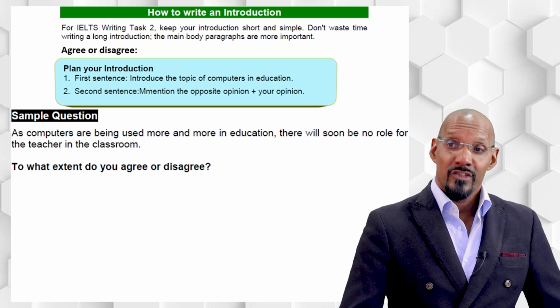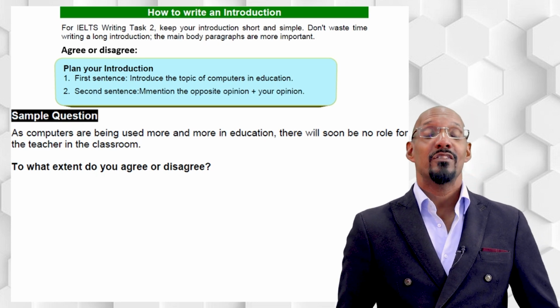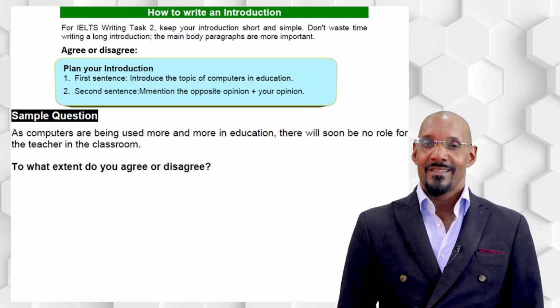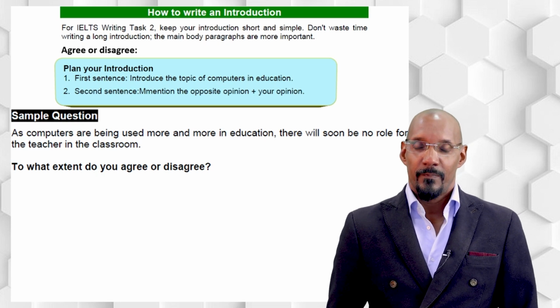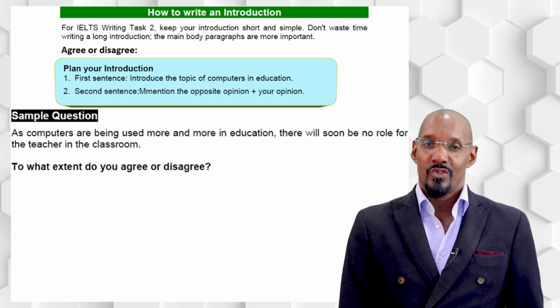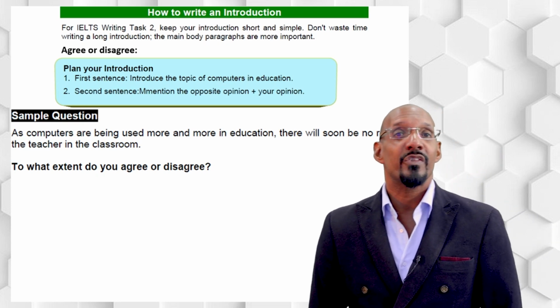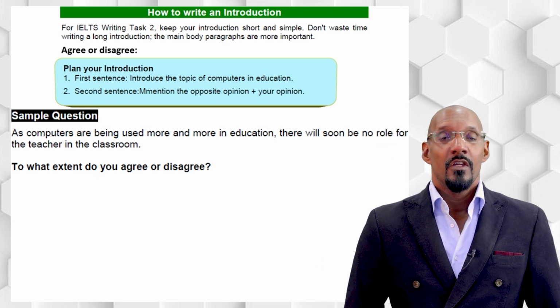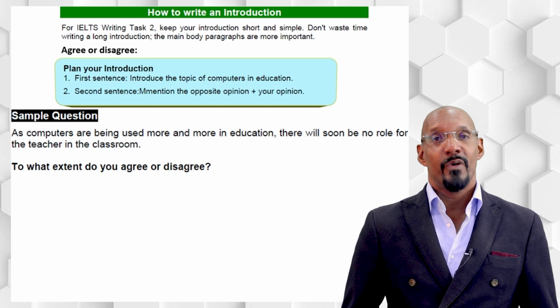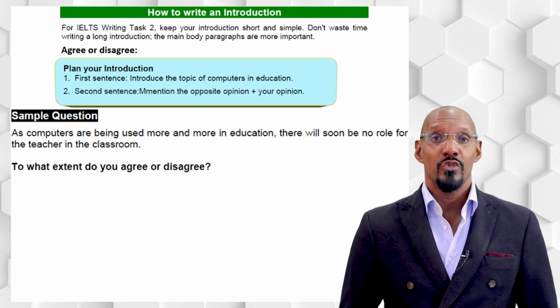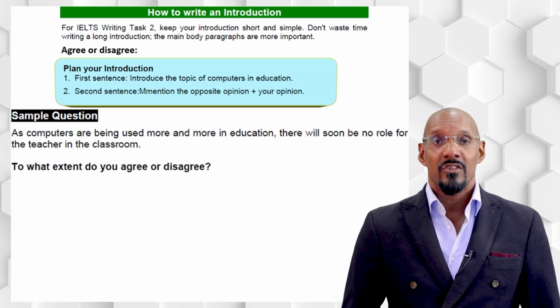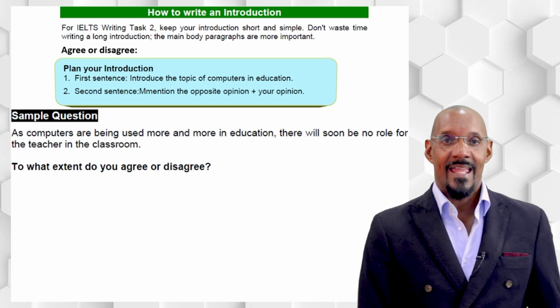So here's a different question, though. It says, to what extent do you agree or disagree? This is not purely an agree or disagree. This is how much do you agree versus how much you disagree, or how much do you disagree versus how much you actually agree. So in this case, you have to acknowledge both views, although you will personally, in your essay, come out more positive than negative.